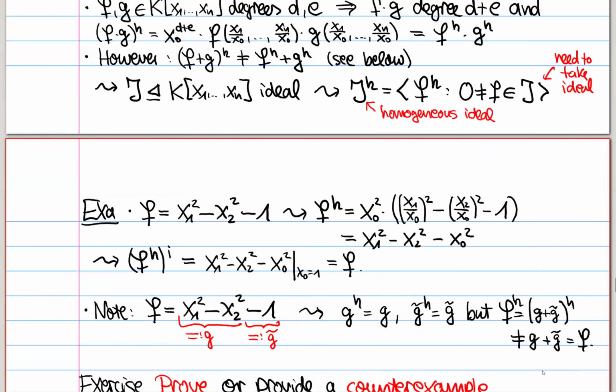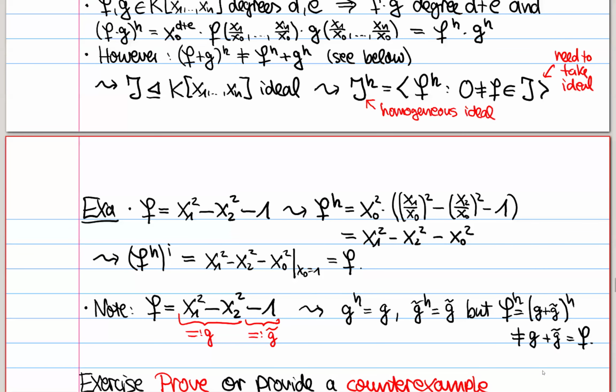So let's see an example. This homogenization procedure is actually not super complicated. We start with this f, and then f^h. By definition, it's a degree 2 polynomial, so you have x0 to the 2, and then you substitute these xi divided by x0. And then you see for the first two terms, actually, this doesn't change anything because you divide by x0 squared, you multiply, you get back the first two terms.